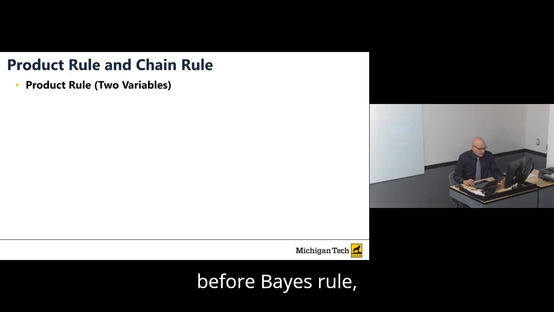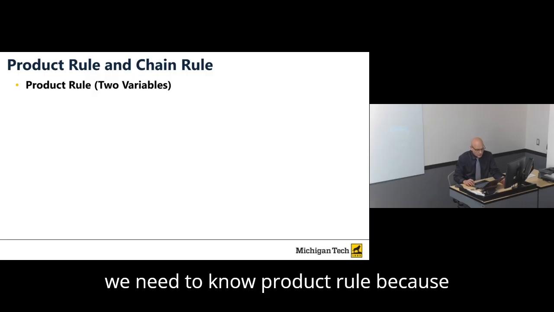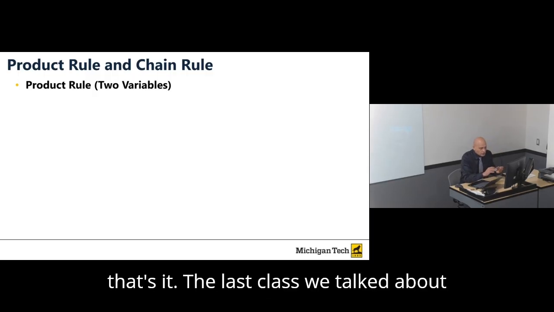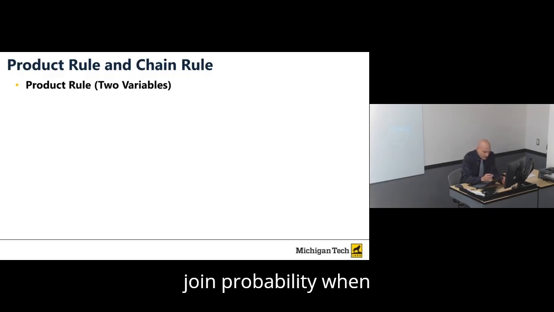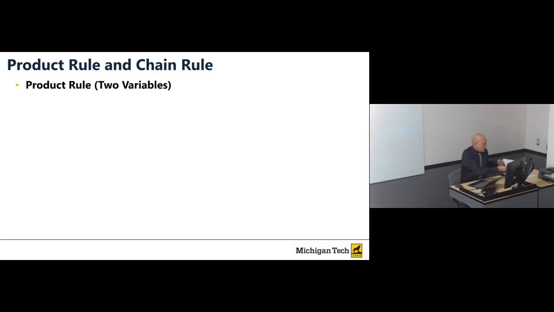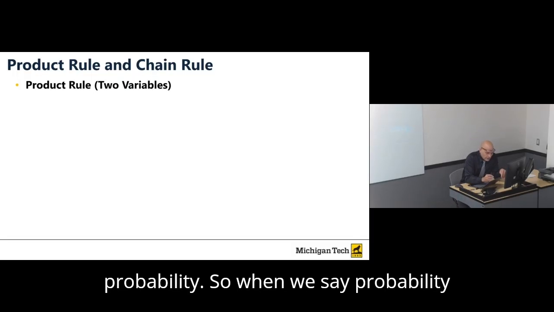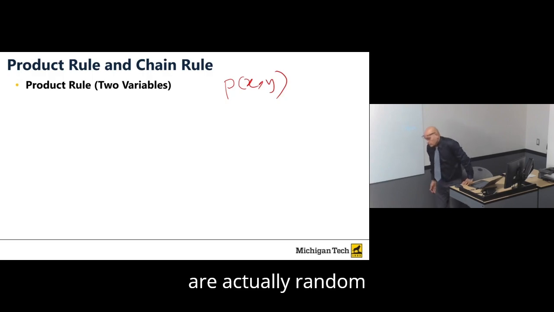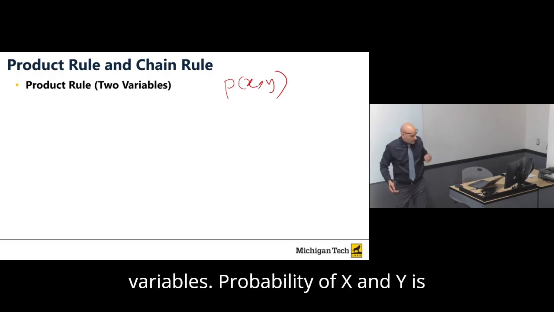Before Bayes rule, we need to know product rule, because that's it. The last class we talked about joint probability when we have more than one random variable. When we say probability of x and y, then x and y are actually random variables.